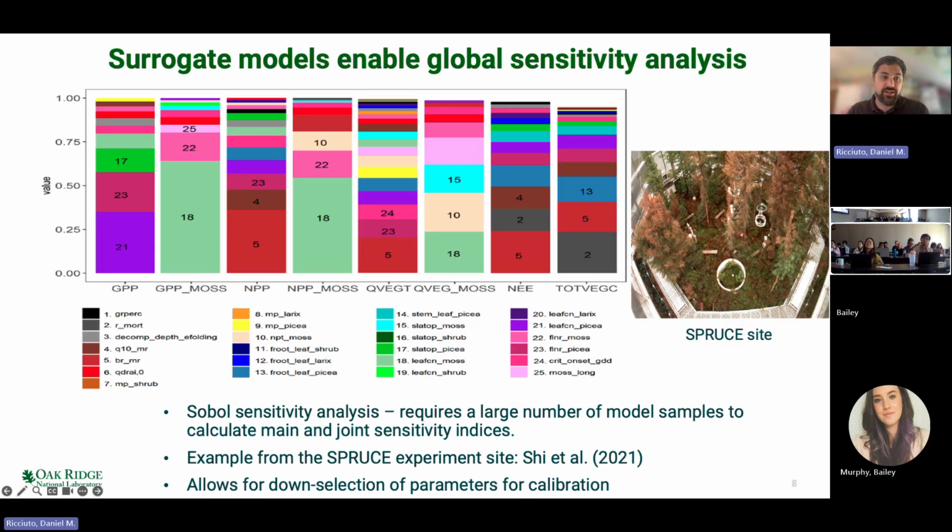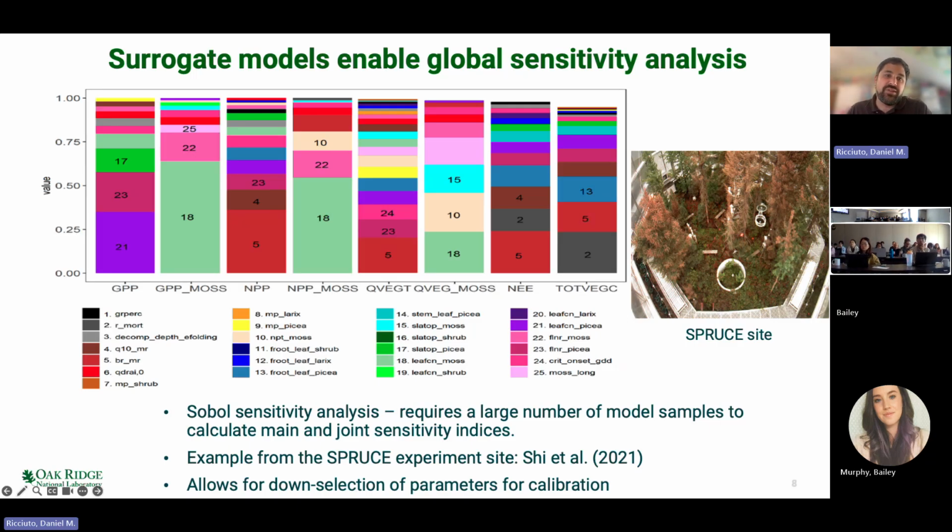The higher the bar, the more sensitive that particular parameter is. For example, this one, leaf carbon nitrogen ratio of the spruce trees, has the largest impact on GPP, followed by FLNR, which is the fraction of leaf nitrogen in rubisco.